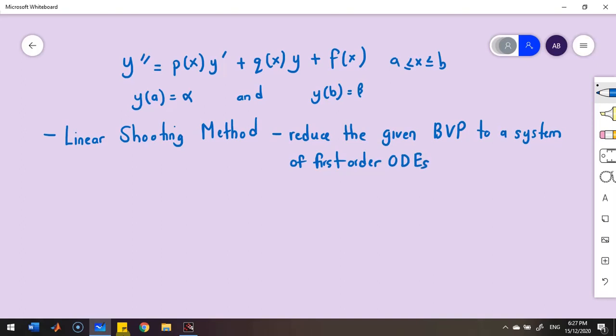So you don't have to use finite difference approximation. If you're given a boundary value problem, we can reduce it to a system of first order ODE, and then you use the linear shooting method.